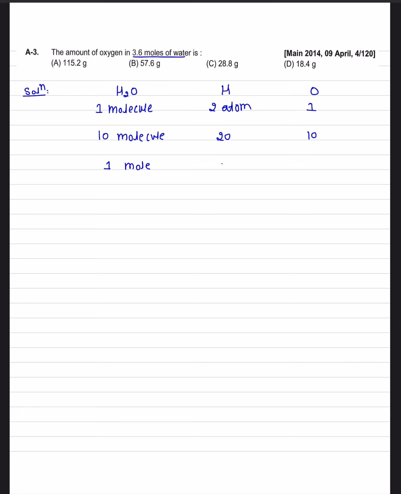If this is your 1 mole, how many moles of hydrogen? Yes, 2 moles. How many moles of oxygen? Yes, 1 mole. Now how many moles of water are given? 3.6 moles. So how much oxygen is there? 1 into 3.6. Clear? So the mole of oxygen we got is 3.6 moles. If you have mole, can you get the weight?